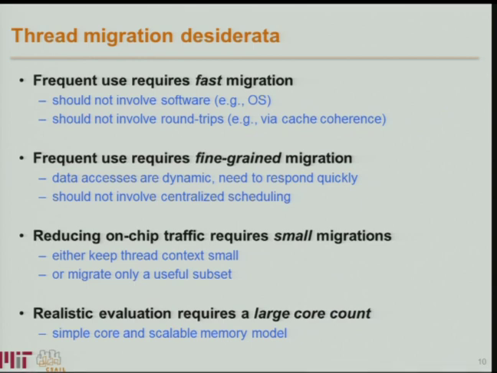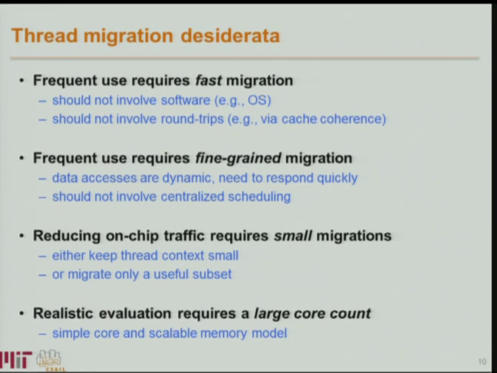That is to say, because data accesses change as the program runs, this functionality has to be responsive. It has to respond very quickly to any change in the data access pattern. Otherwise, we won't be able to take advantage of these short stretches of locality.